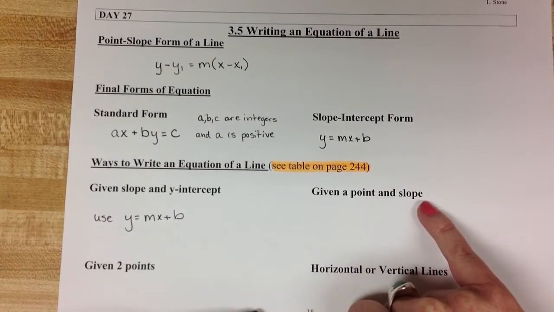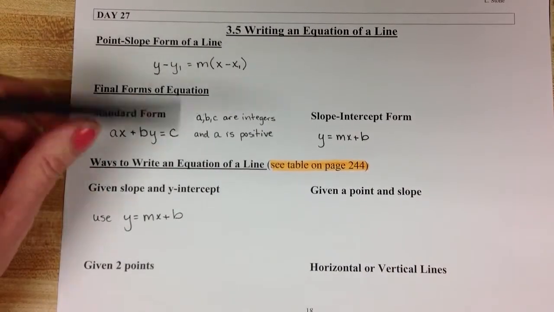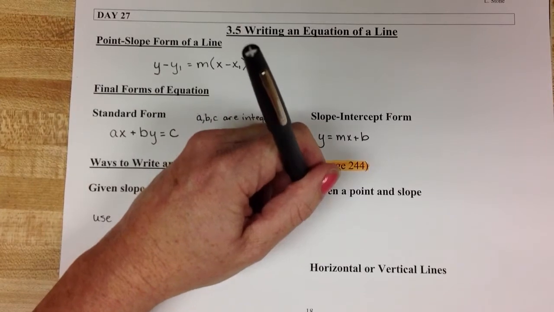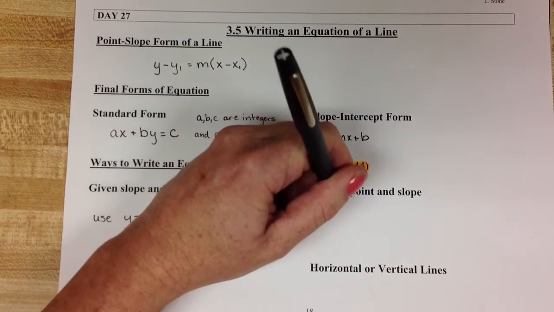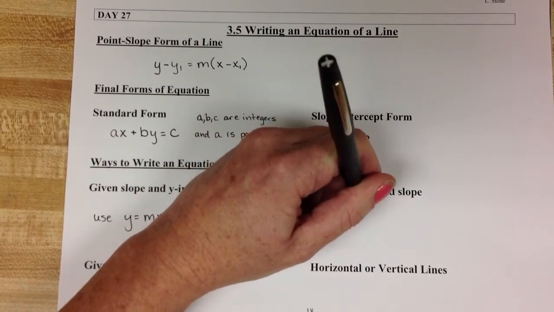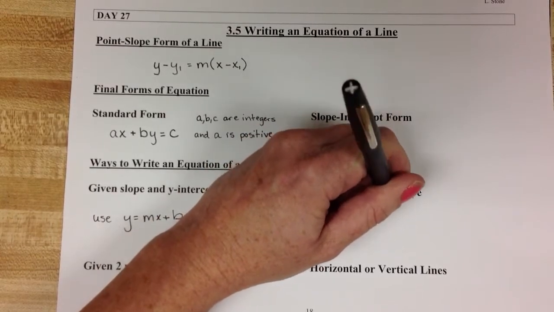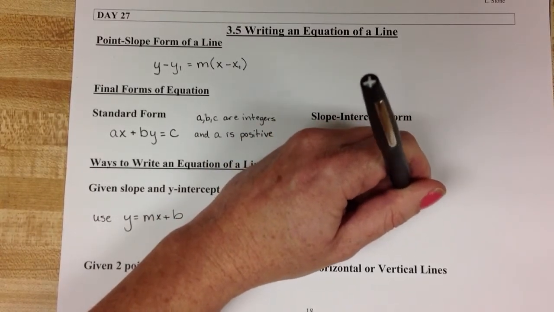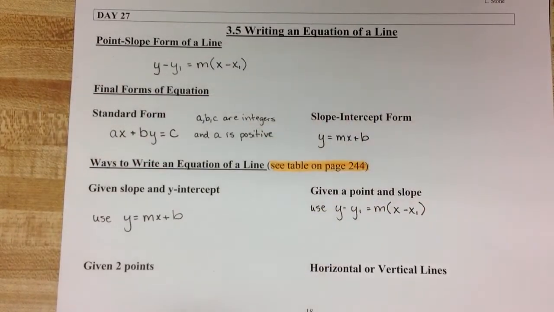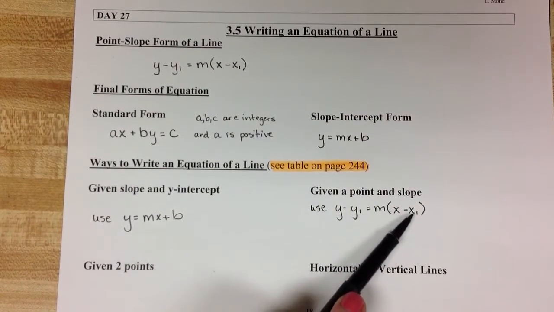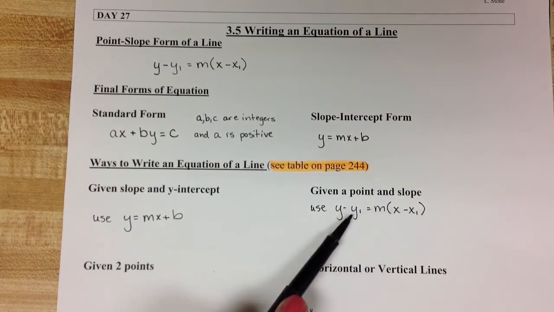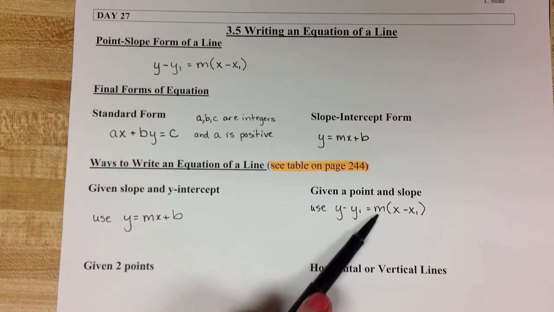If you're given just a point and it's not the y-intercept, it's some other point on your line, and you're given a slope, that's where this new form is going to come in handy. You're going to use the y minus y1 equals m times x minus x1, where you're going to put the point that they give you in here. Here's the x and the y values. The slope is going there.